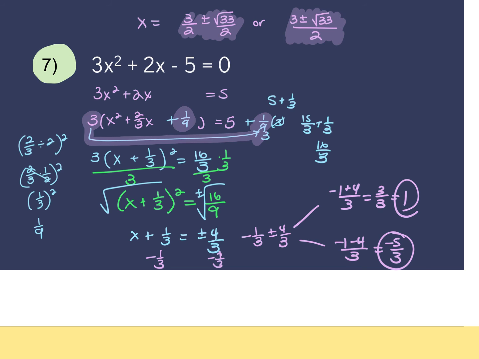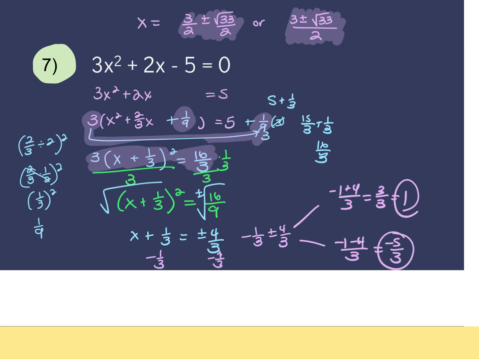On the left-hand side, you're going to take the 3 and then square root the x squared, it's x. Square root the 1/9, it's 1/3. Add 5 and 1/3 and you get 16/3. Then to solve, divide both sides by 3.